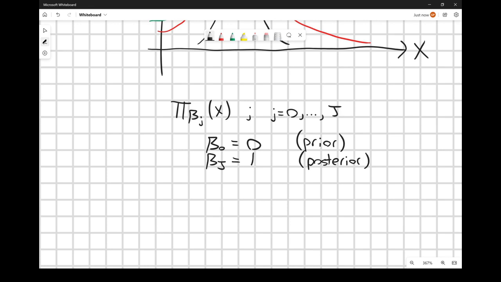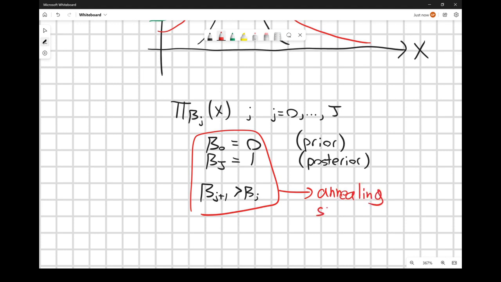And for everything in between, the key thing to note is that beta j plus 1 is larger than beta j. So at each step, we're targeting a distribution where the influence of the data has increased. And this is called the annealing schedule.